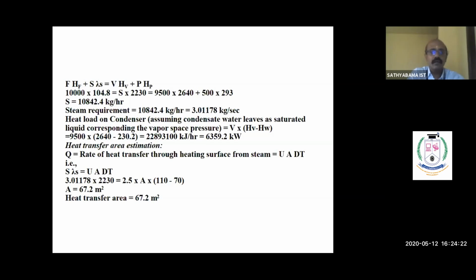So the area calculated is around 67.2 square meters. Heat transfer area is given by 67.2 m².